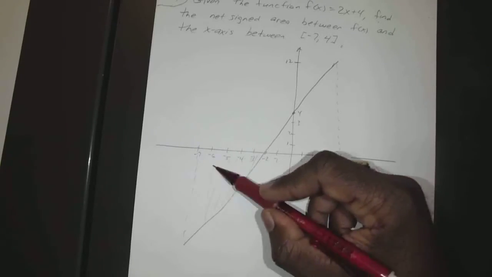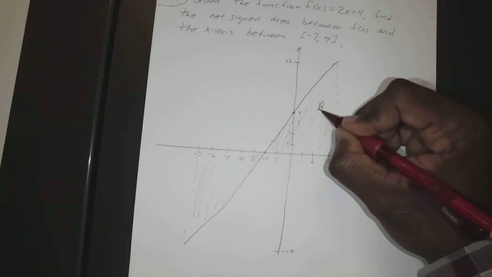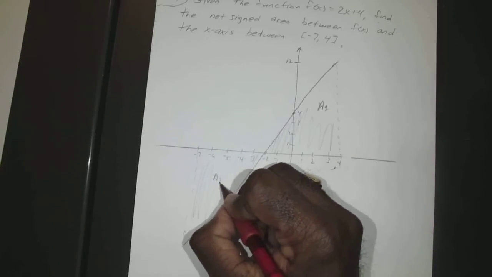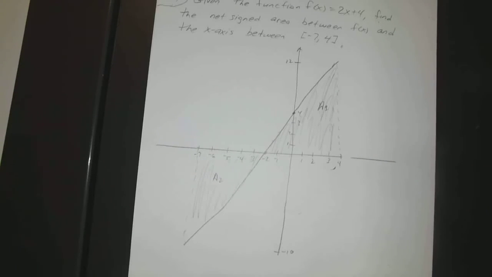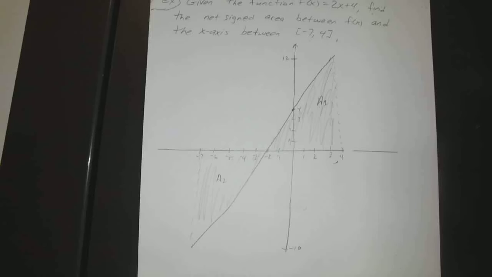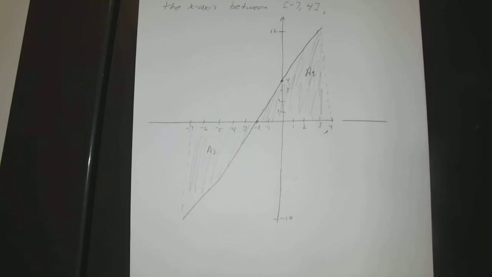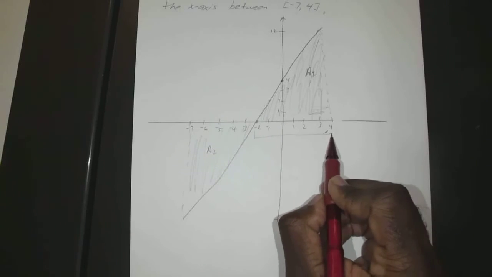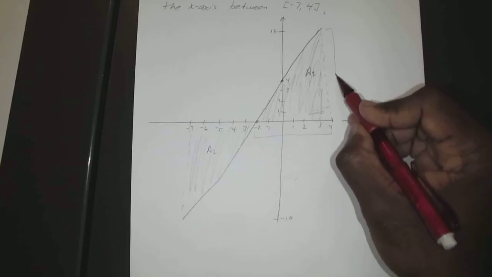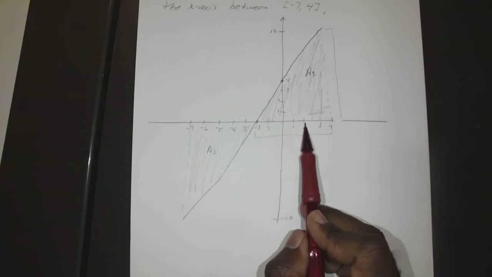Okay, so this would be our area, and this would be our area. So we'll call that A1, and this is our A2. Okay, so again, if we're looking for our base and our height, so you have -2, -1, 0, 1, 2, 3, 4.